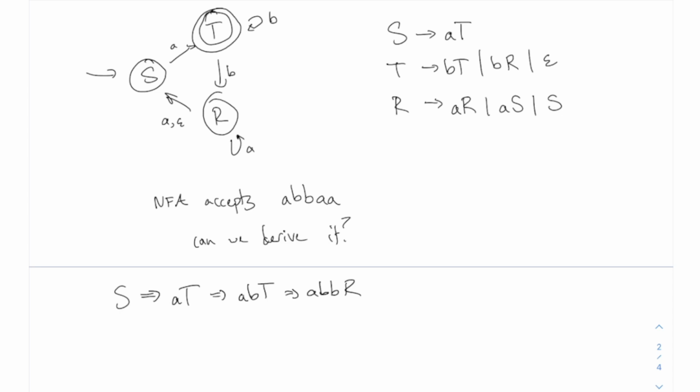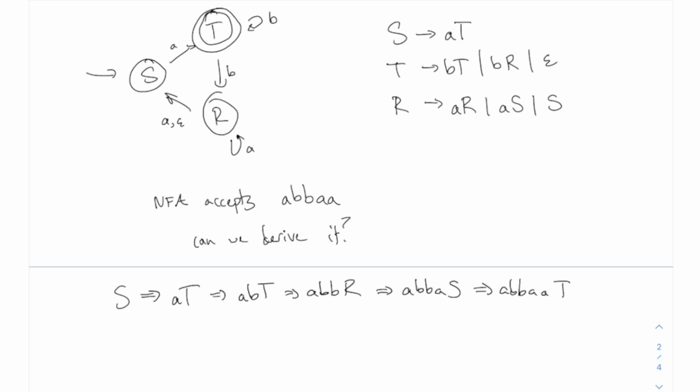Every time when I'm deciding what step to do next, I think about what would the NFA do? Next, I'm looking for this A right now, which corresponds to taking that edge. So that's R goes to S. So this becomes A, B, B, A, S. And then finally, I'm going to go S to T. A, B, B, A, T. And now T is my final destination.